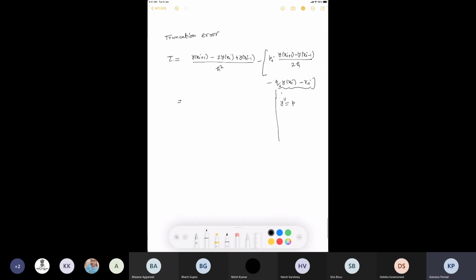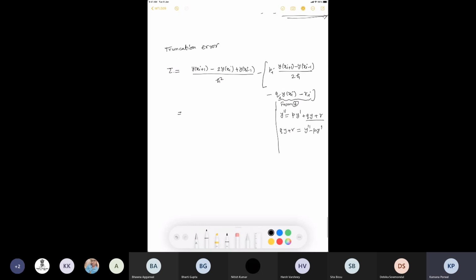So we have this as p y prime plus q y plus r. So q y plus r equals y double prime minus p y prime.